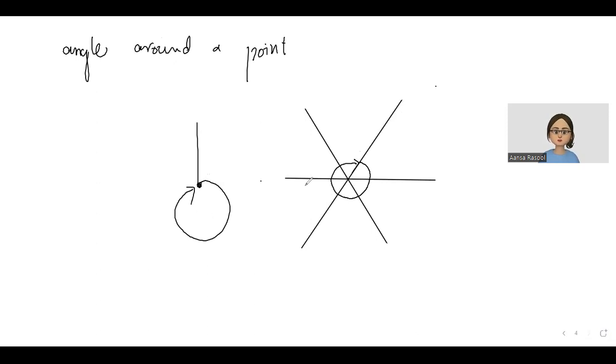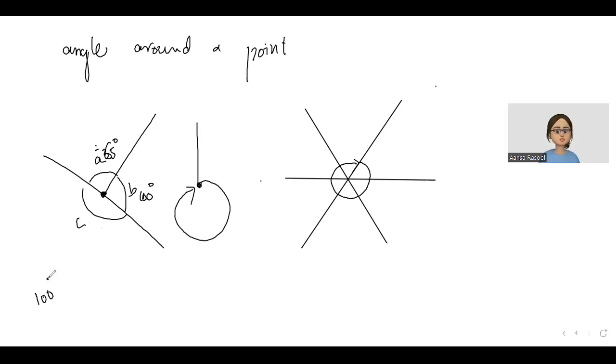Let's take an example. Angles around this point will add up to give us 360 degrees. Suppose angle A is 65 degrees and angle B is 100 degrees. So what's the angle C?